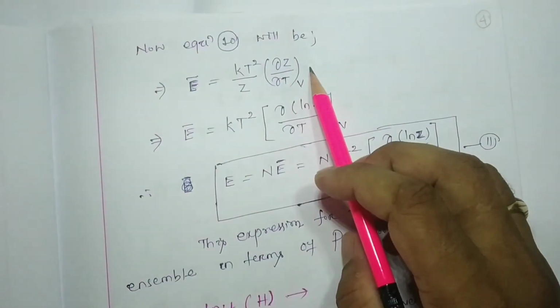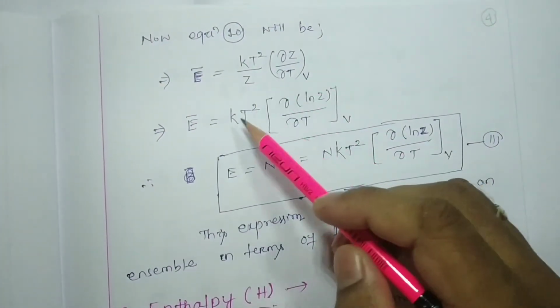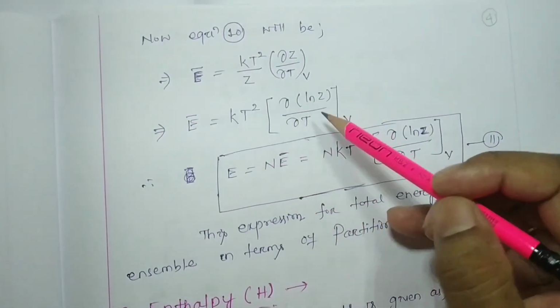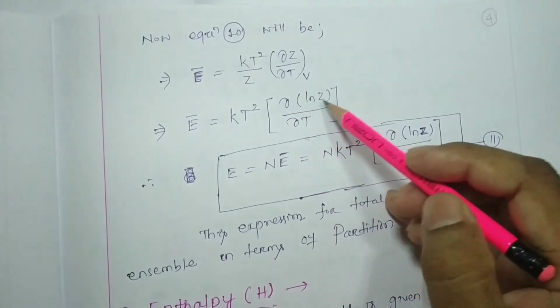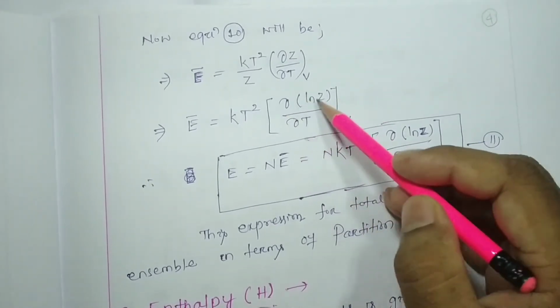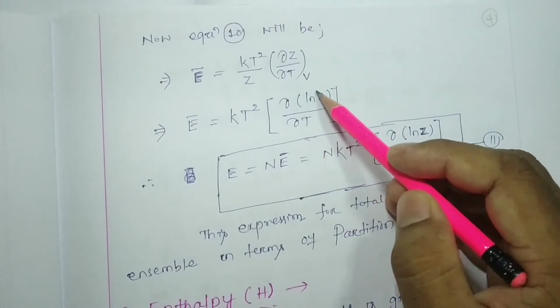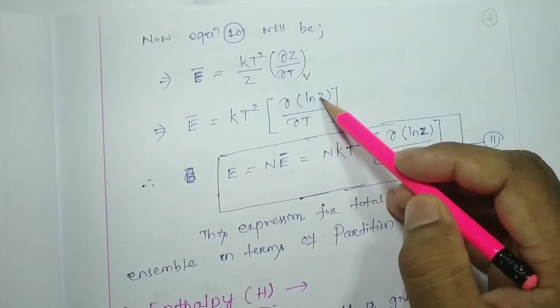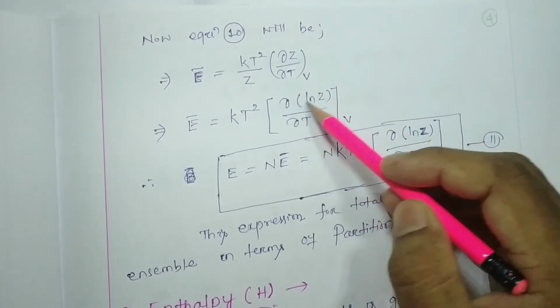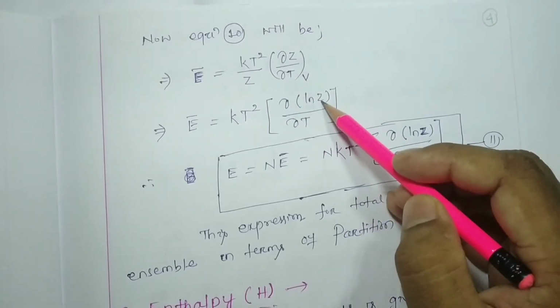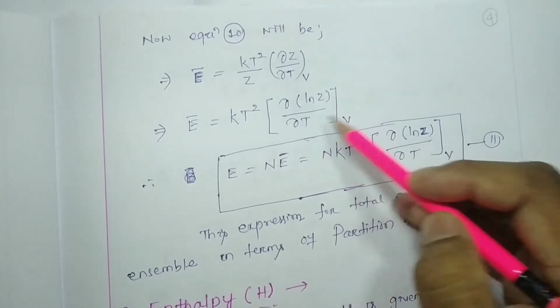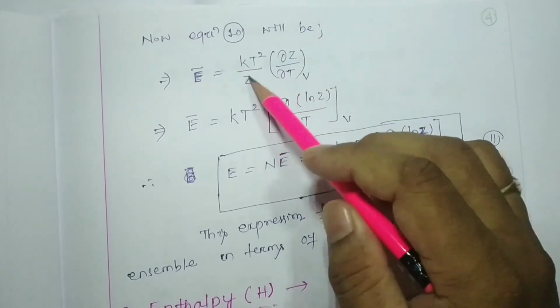Also this can be written as kT square del by del t of ln z. You just do the derivative of this one, so it will be 1 by z del z by del t. Del by del t of ln z is nothing but 1 by z del z by del t at constant v. So 1 by z will be here.